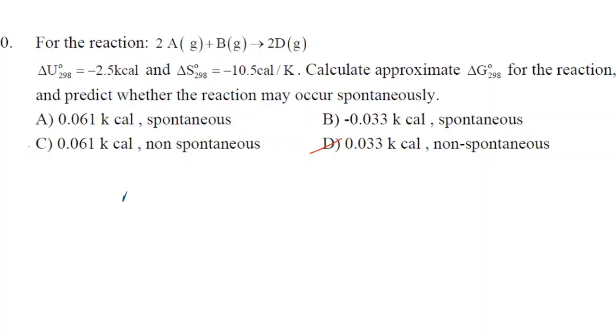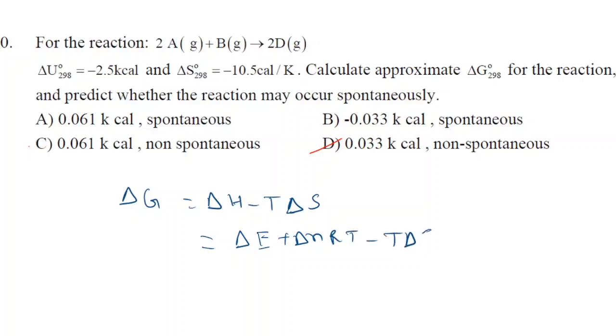So regarding spontaneity, we have the equation delta G is equal to delta H minus T delta S. If we calculate delta G, if we get a negative value, spontaneous; positive value, non-spontaneous. Then how to calculate delta H? We have the formula delta H is equal to delta E plus delta nRT, and minus T delta S. What is this delta n? The number of gaseous moles change, right?